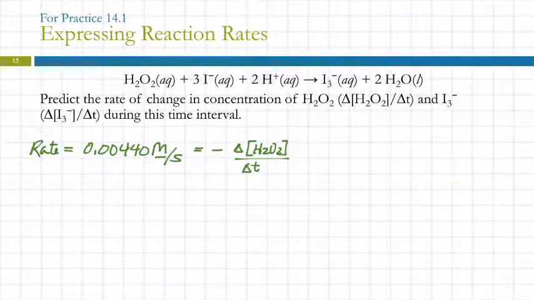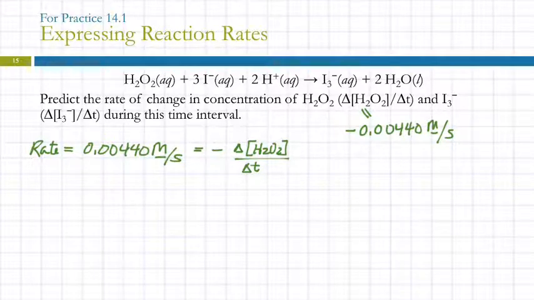So this one, it's negative. It's the same, because it doesn't have a coefficient. And what about the I3 minus?